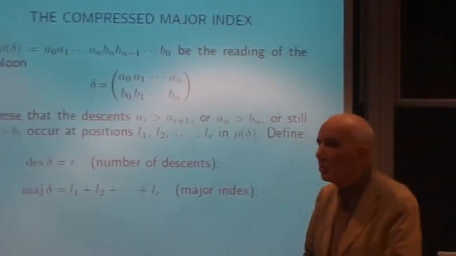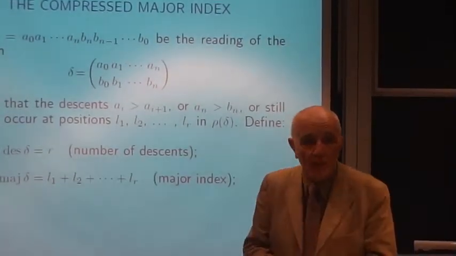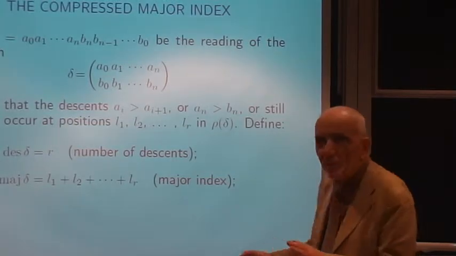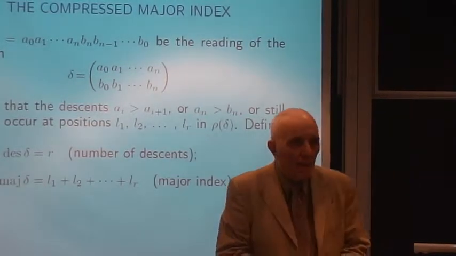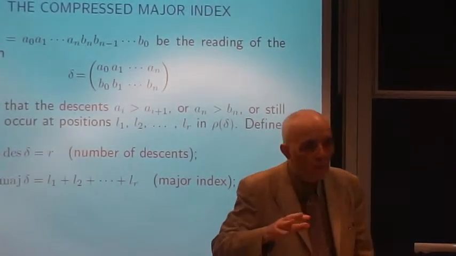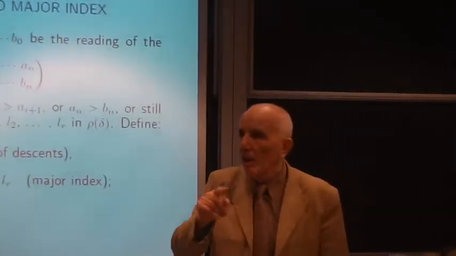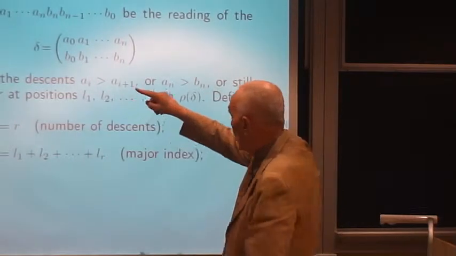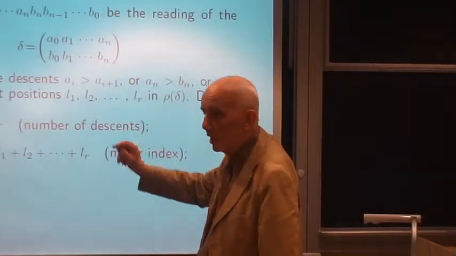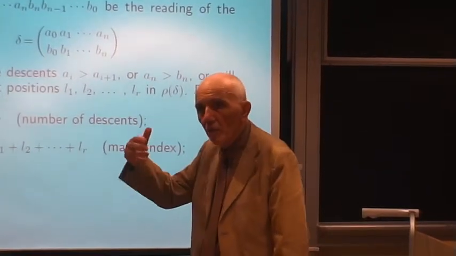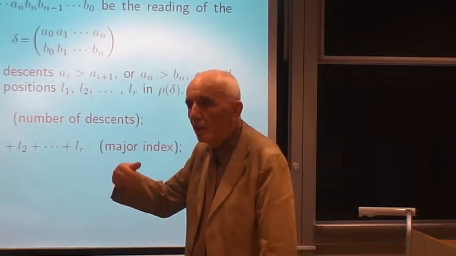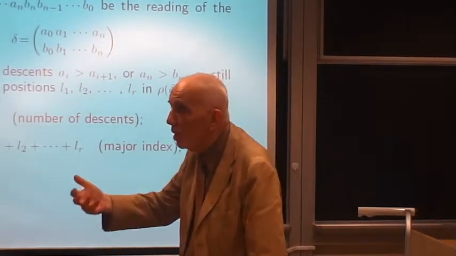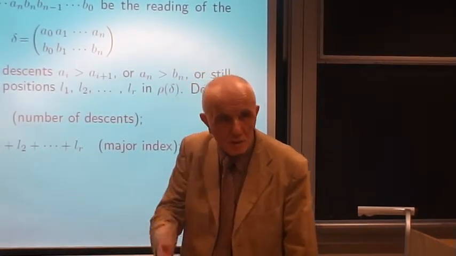We have to introduce the compressed major index, and here we need a second slide. So far we have the doublet. We locate the positions of the descents in the unfolding. Then we have the number of descents and the major index, which is the sum of the positions of the descents.